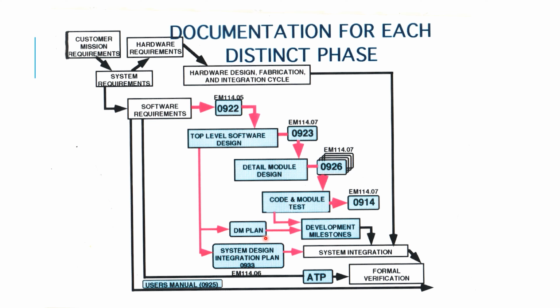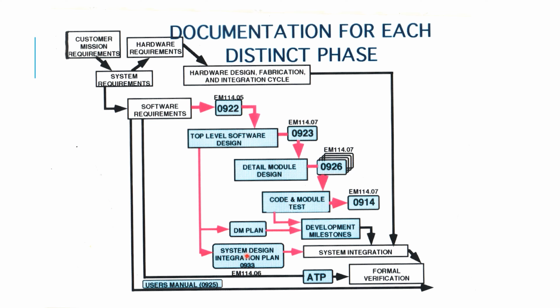So DMs are where the engineers demonstrate that progress is being made toward the final project, and the customer agrees and will write you a check for a portion of the contract. And then here's development milestones. There's the DM plan, and then there are the actual DMs. I said demonstration milestone, development milestone is the same thing.